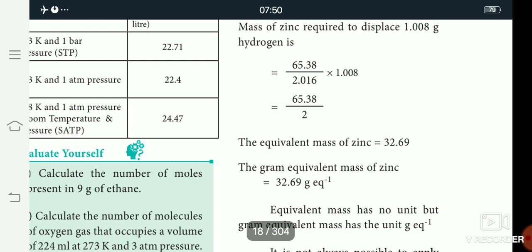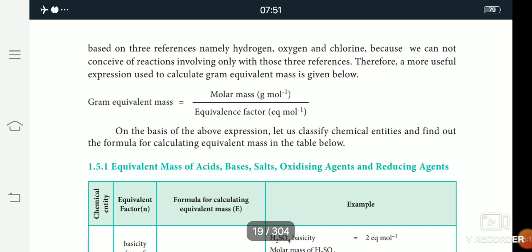So one of the formulas of gram equivalent mass: gram equivalent mass is equal to molar mass, in gram mole minus 1, which is the unit, divided by the equivalence factor in EQ mole minus 1.